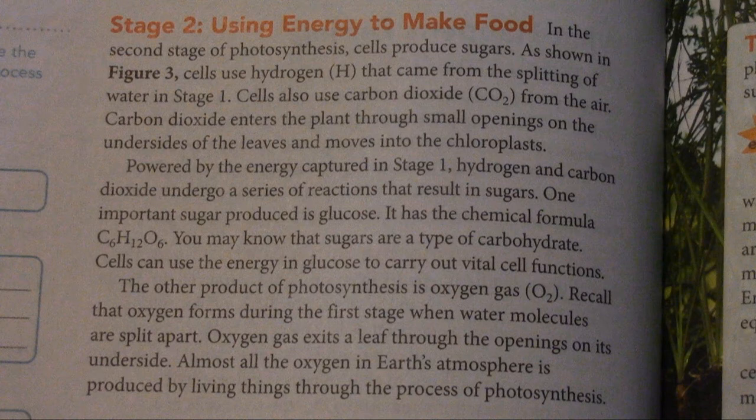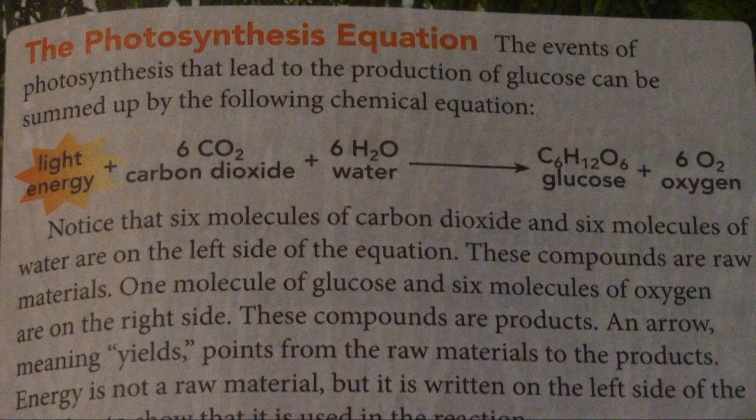Recall that oxygen forms during the first stage when water molecules are split apart. Oxygen gas exits a leaf through the openings on its underside. Almost all the oxygen in Earth's atmosphere is produced by living things through the process of photosynthesis. The photosynthesis equation. The events of photosynthesis that lead to the production of glucose can be summed up by the following chemical equation.